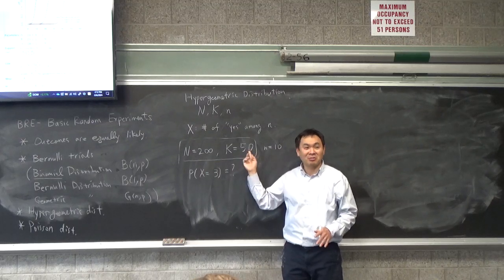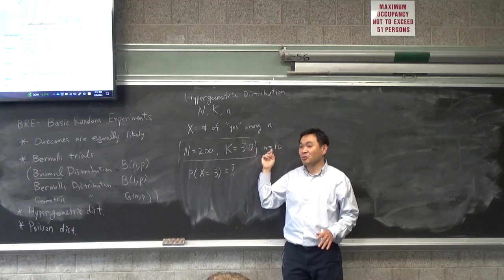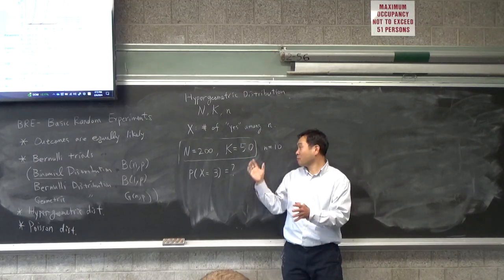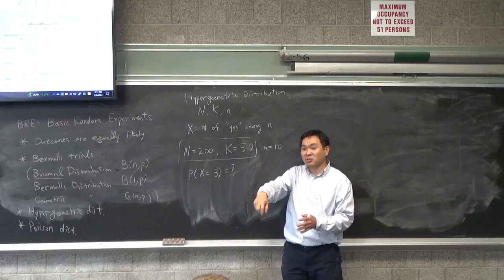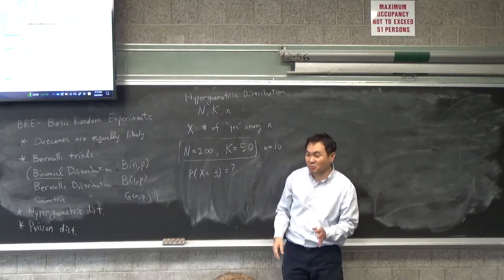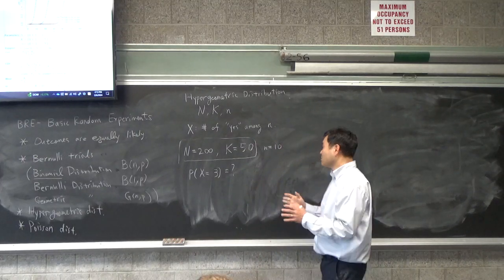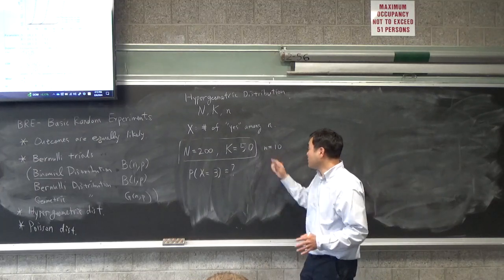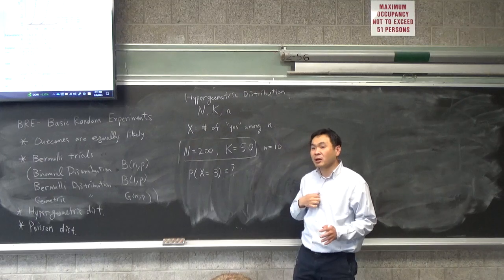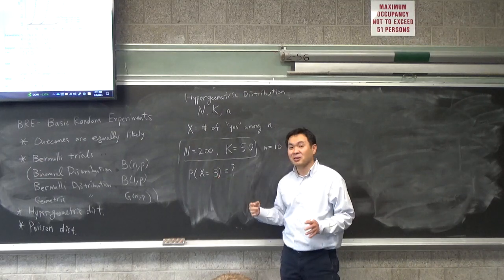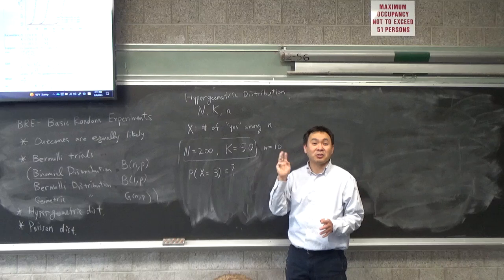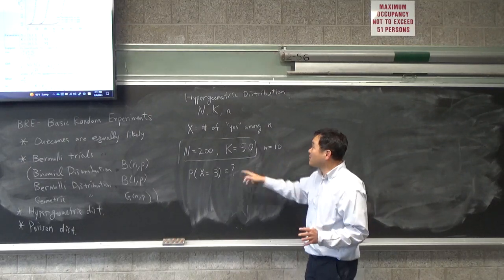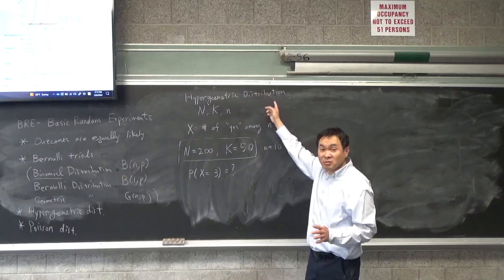Then you take 10 random coins out of there, shaking the jar until it's well mixed, and draw 10 coins. Now the question is, what's the probability that out of the 10, exactly 3 of them are silver? That's the kind of question the hypergeometric distribution would ask.